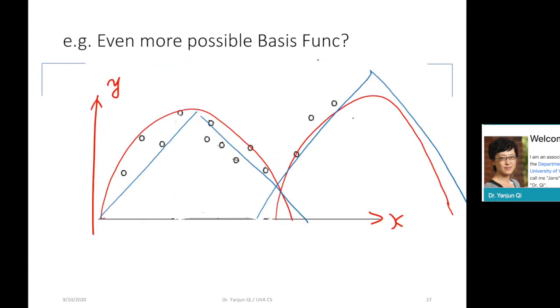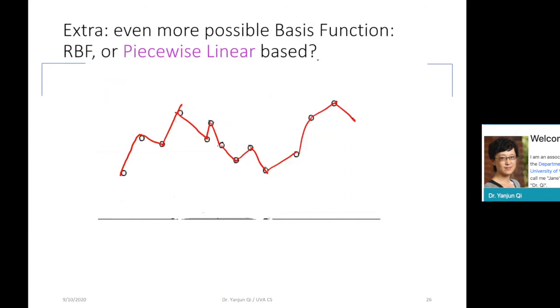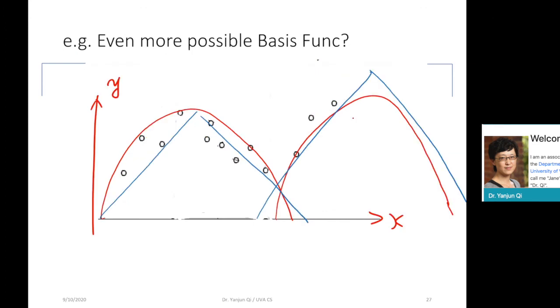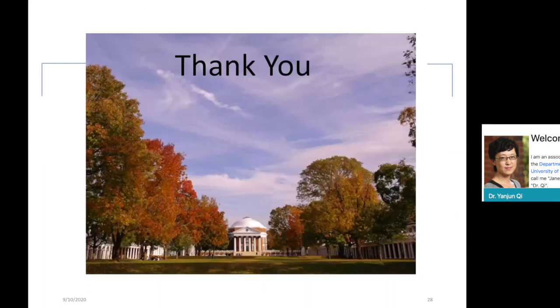And even more, you can also do quadratic, or piecewise linear in a less extreme way than what I did. Assuming this region is linear, I use a linear basis, and in this region I use another linear basis, and that's also a pretty popular approach. Okay, all right, so this is all I want to talk about.